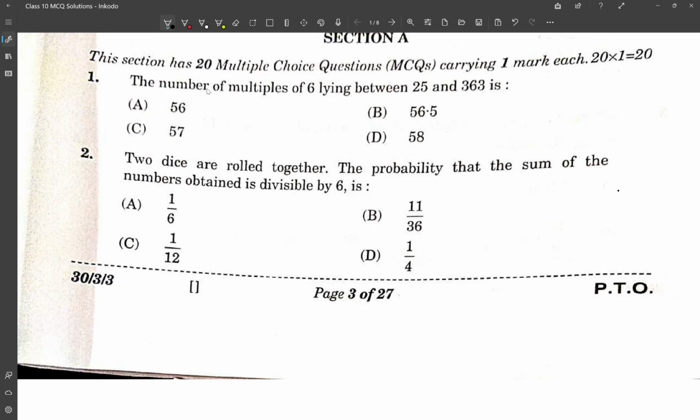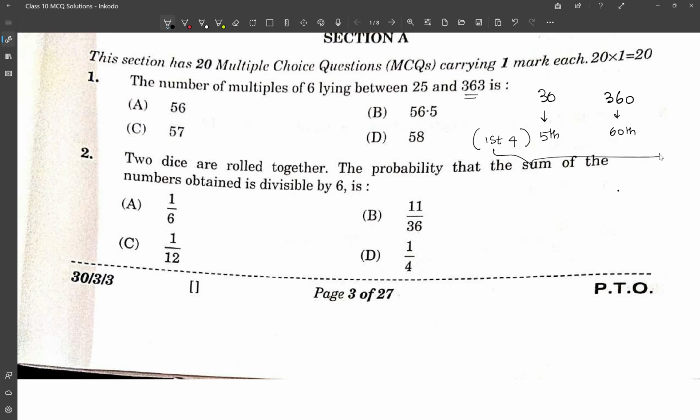The number of multiples of 6 lying between 25 and 363. So what I will do is I will take that multiple after 25, so that would be 30, and that multiple of 6 before 363, so that should be 360. 360 is the 60th multiple of 6. 30 should be the fifth multiple of 6, which means we have not included the first four multiples of 6.